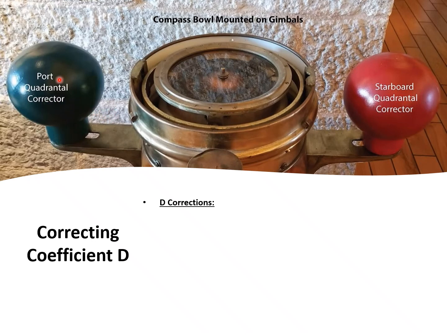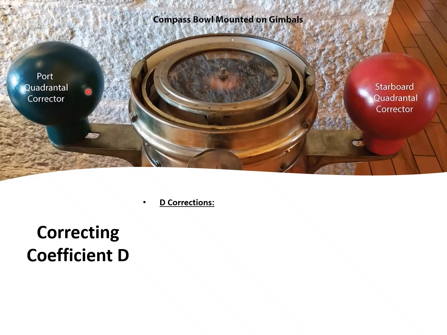So this coefficient D can be corrected by these balls, which are called Kelvin's balls, and we place those balls either on the port and starboard side or forward and aft side of the compass binnacle. But in the conventional ship, you'll see that these Kelvin balls will always be on the port and starboard side. Why?